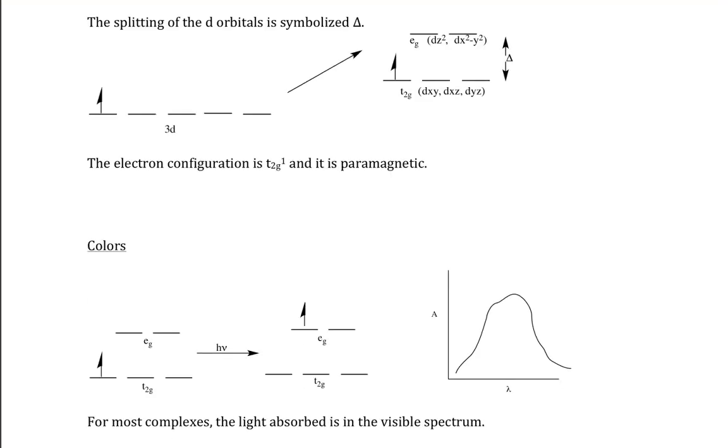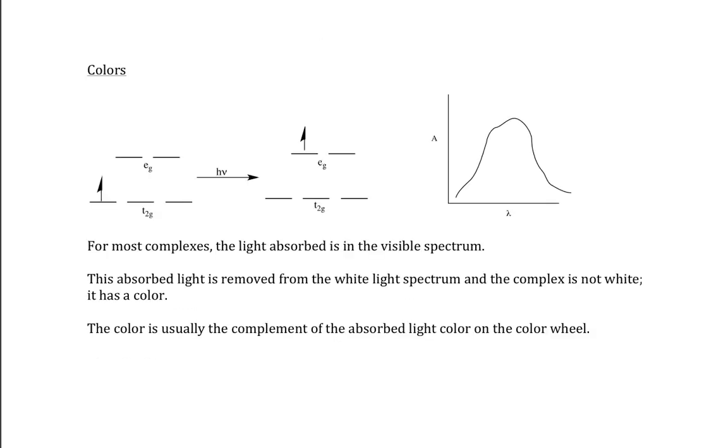Okay, that now sets us up to be able to talk about colors. For most complexes, they can absorb light in the visible spectrum because the gap between the t2g orbitals and the eg orbitals is just right for the visible spectrum.